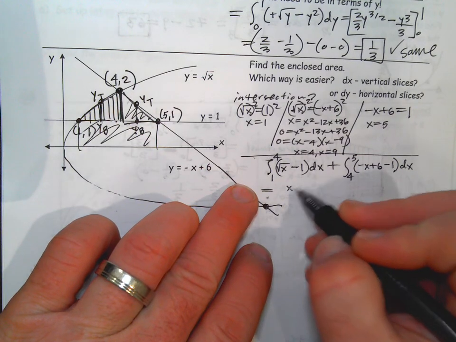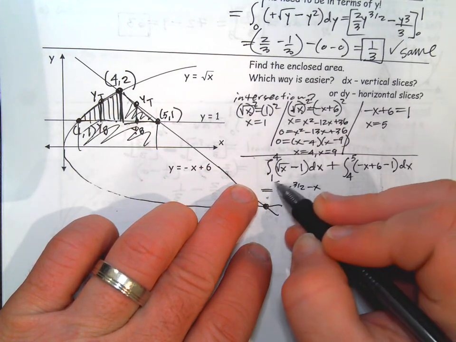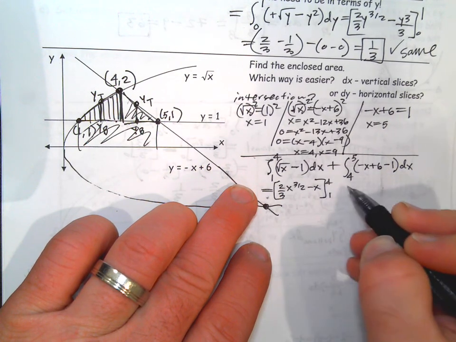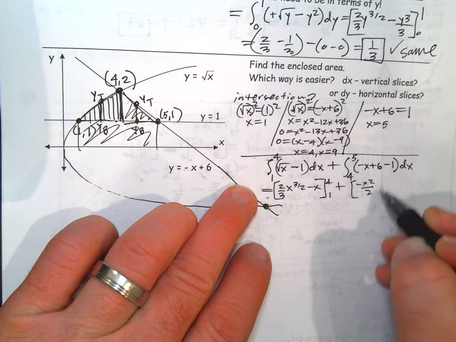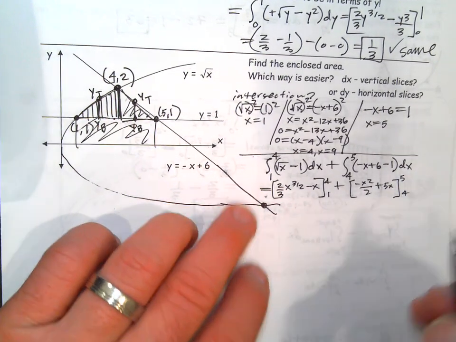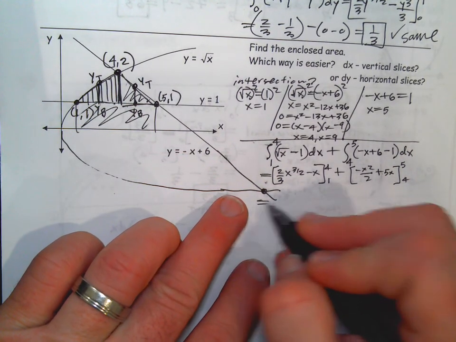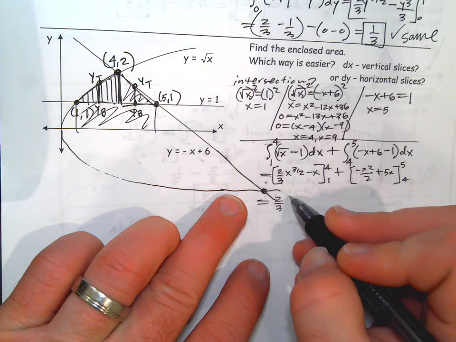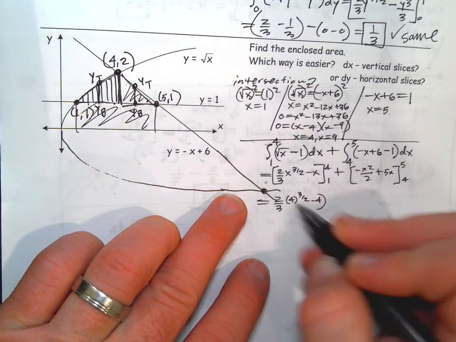So this is going to be x to the 3 halves, divided by the new exponent, 2/3, minus x, 1 to 4. It's going to be negative x squared over 2. That's going to be 5x. So I think there's some benefits to combine them in the same integrals. So this is going to be 2/3, 4 to the 3 halves, that's 4.